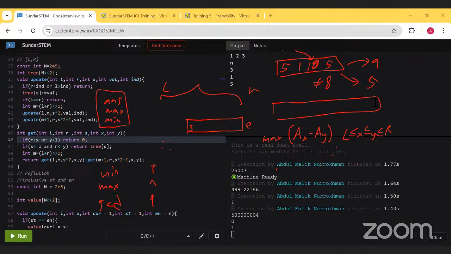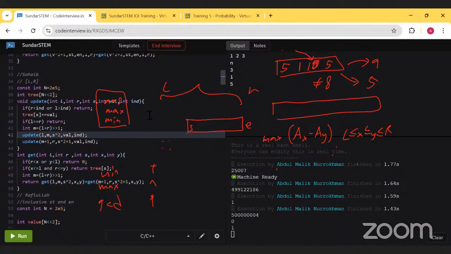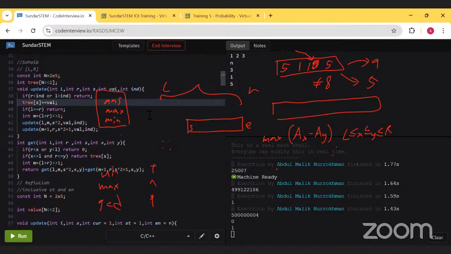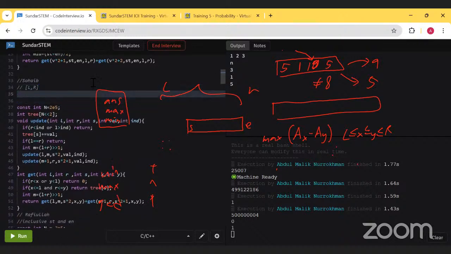The answer is just the maximum of this. Okay, you got it. What is the formula for answer?